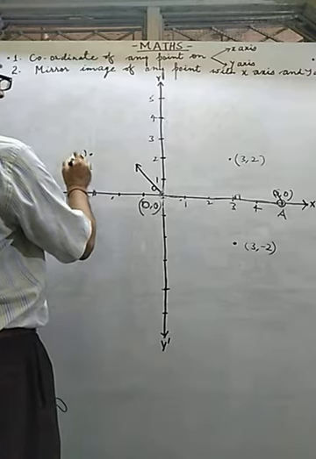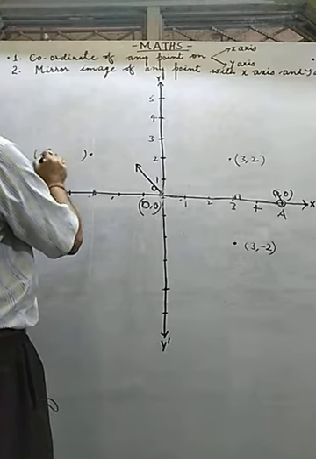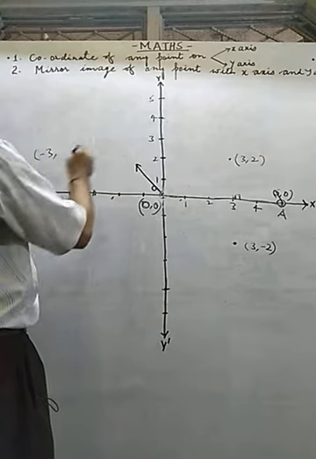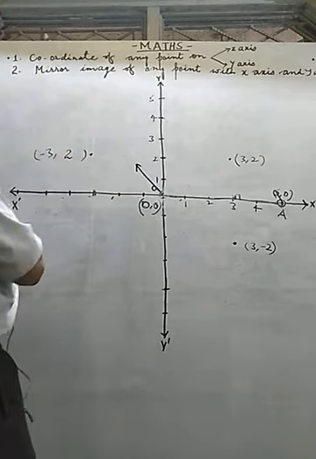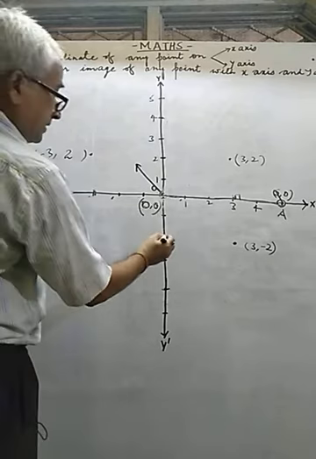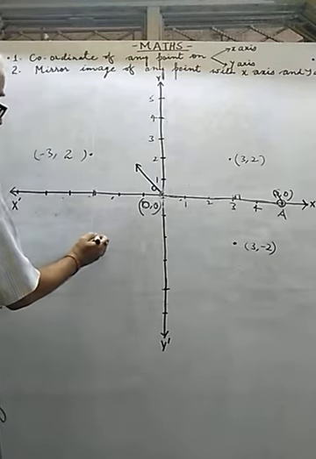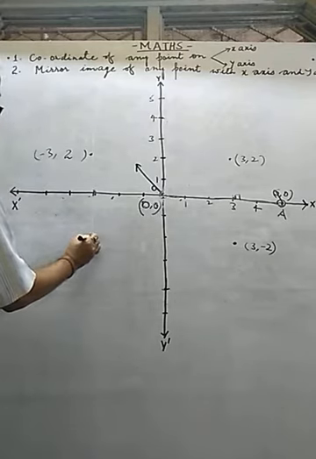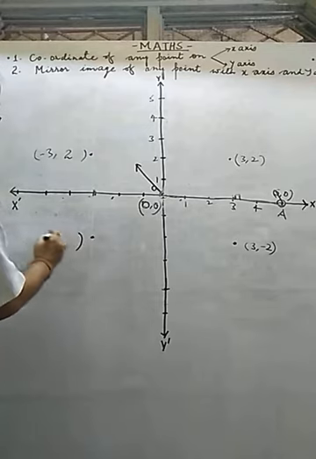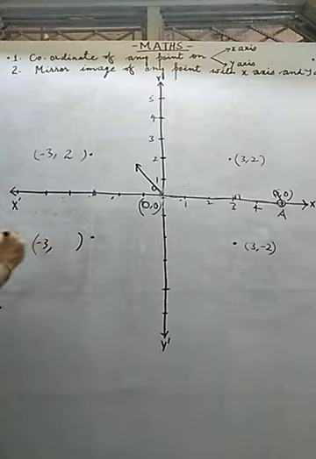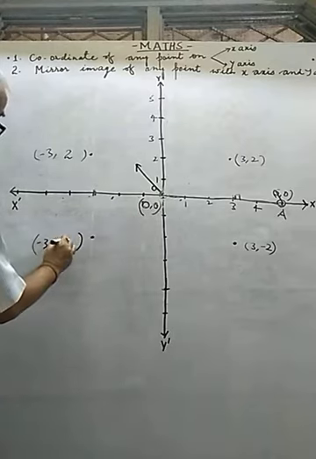Its abscissa will be minus 3 and ordinate is 2. Suppose one more point is given here. What will be the coordinates of this one? This one is negative, so minus 3 and this one is minus 2.